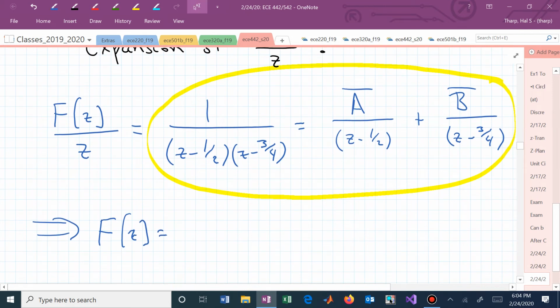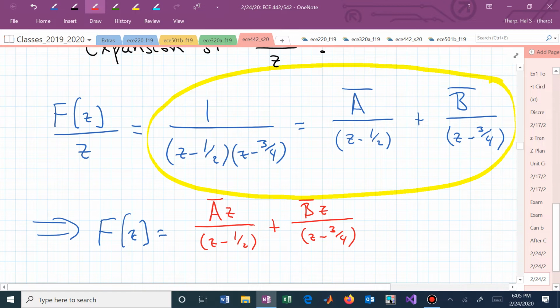So if that's the case, and we found A bar and B bar, what's F of z? A bar z over z minus 1/2 plus B bar z over z minus 3/4. That's now in the table, isn't it? That's the structure we need.